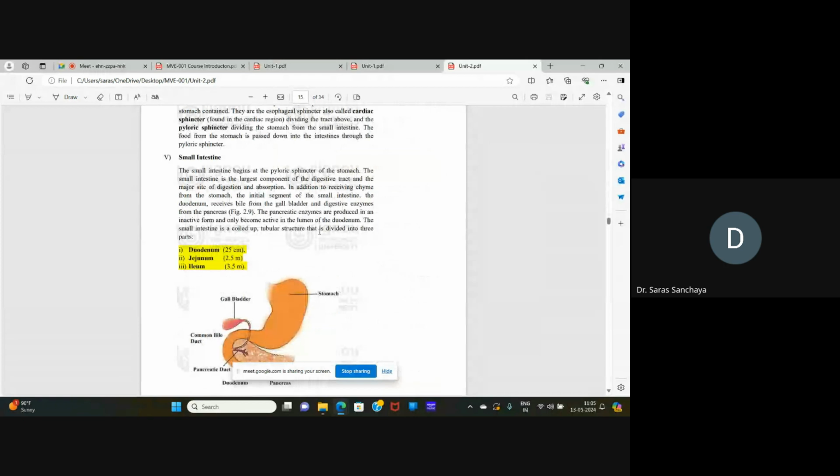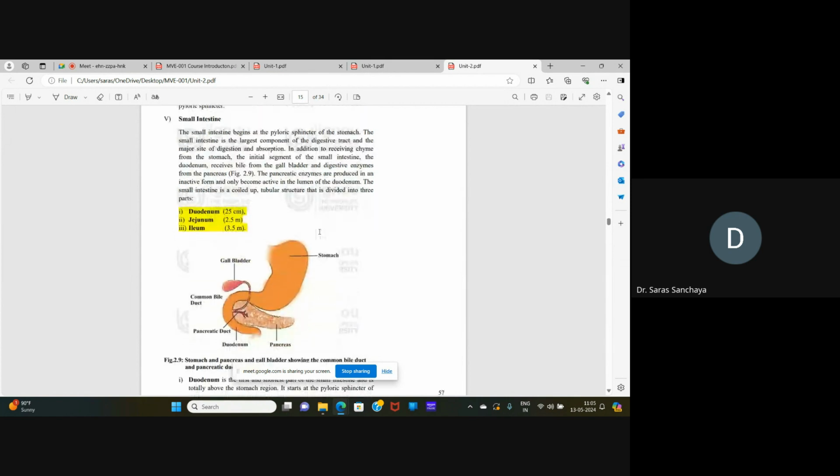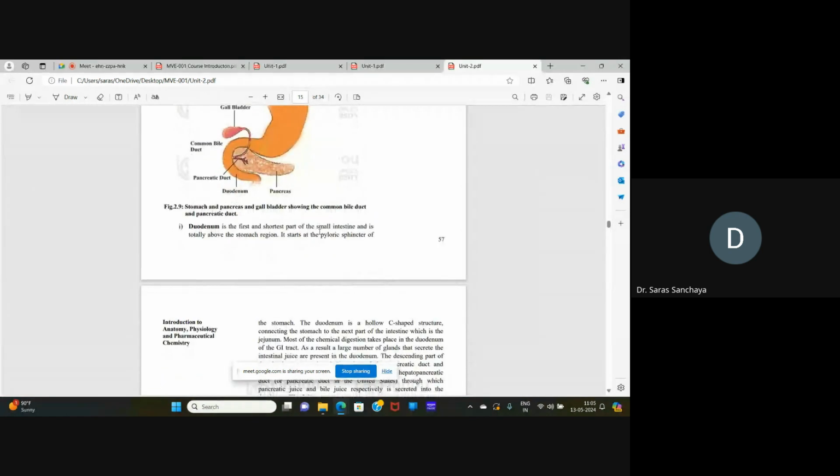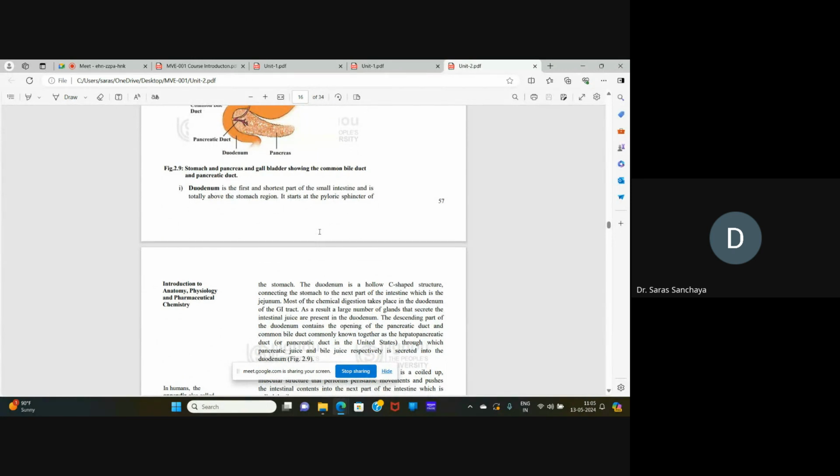Now we come to the small intestine. It is divided into three parts: duodenum, jejunum, and ileum. Duodenum is 25 centimeters, jejunum is 2.5 meters, and ileum is 3.5 meters. Duodenum is the first and shortest part of the small intestine and is totally above the stomach region.